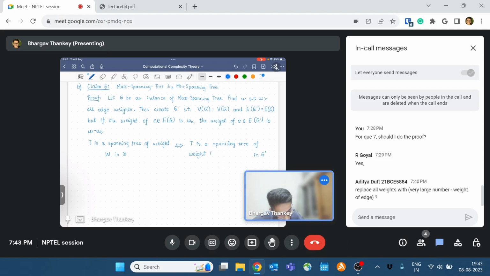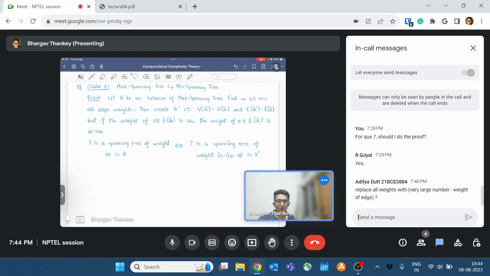Almost. Yeah, so let's see why. What we have done is we have created G prime by replacing an edge with weight WE with a weight W minus WE, right? But the underlying structure of G and G prime are exactly the same. So if T is a spanning tree in G, T must be a spanning tree in G prime. Now all we need to worry about are their weights.